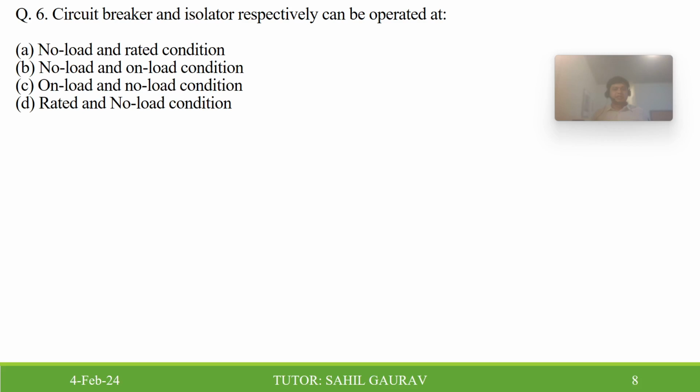No, the circuit breaker, we used to run it on load operation, and the isolator is on no load operation. The circuit breaker operation is to isolate during the fault condition, while the isolator works when we are doing maintenance of circuit breakers.